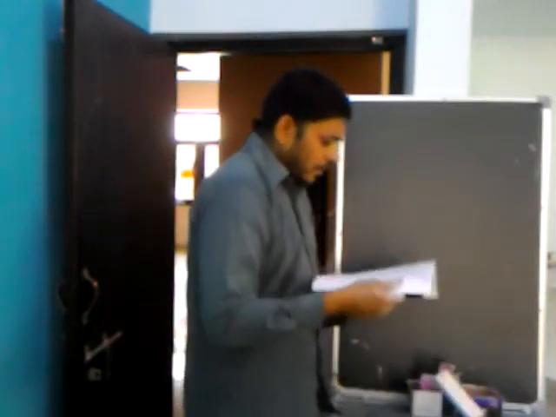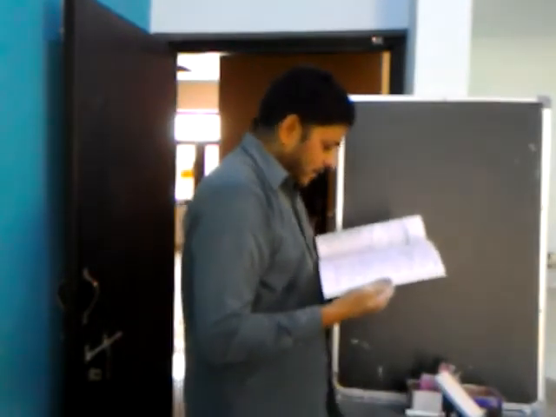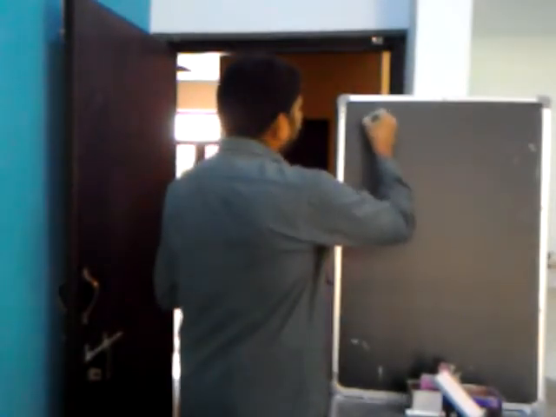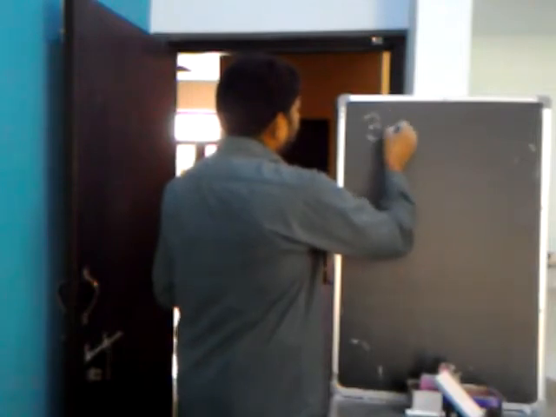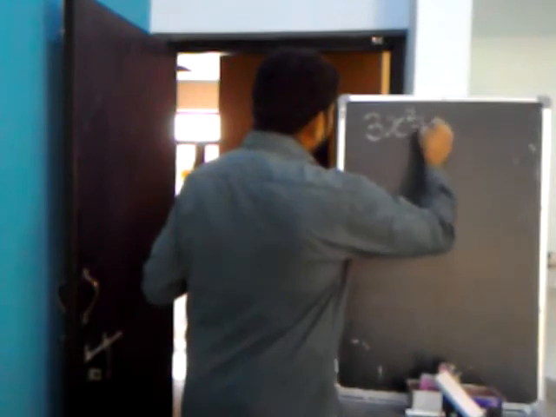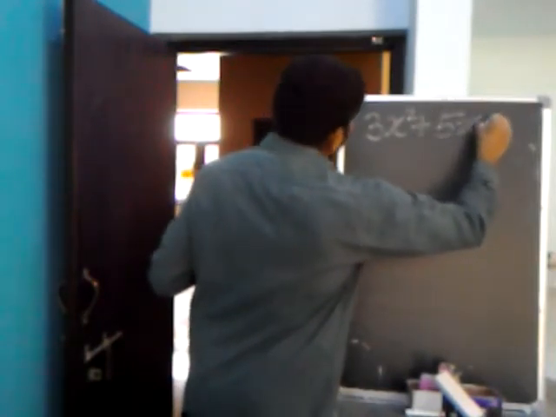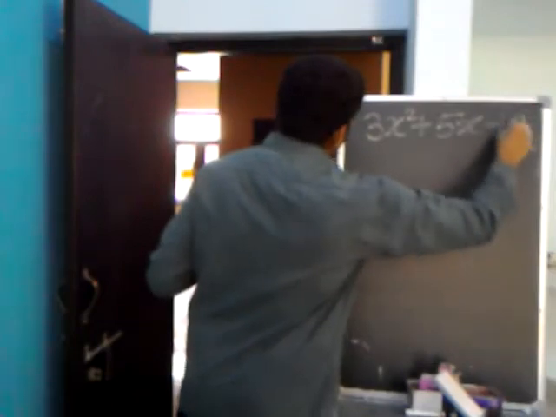Let us take an example in which we will have everything. Now here we will have 3x square plus 5x plus 2.